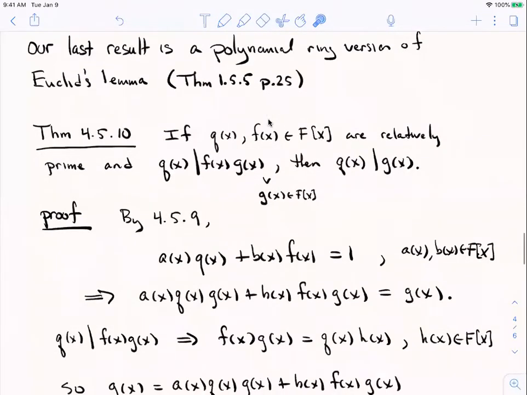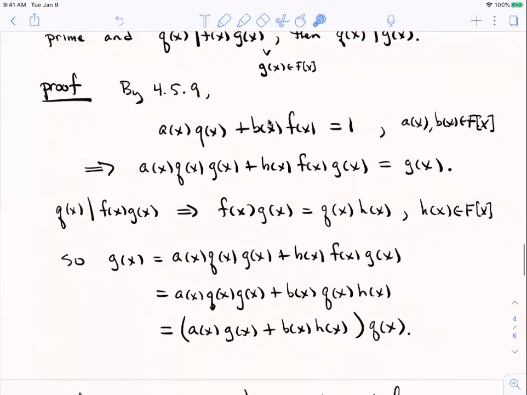All right, but if q divides f times g, well, then that means f times g is q times something. I'm calling the something h. This feels just like we're doing number theory in the integers. The ring of polynomials over a field behaves a lot like the integers. All right, so now we just got to put all this together. Let me just show you the algebra here. So I've got my g, and what have I got?